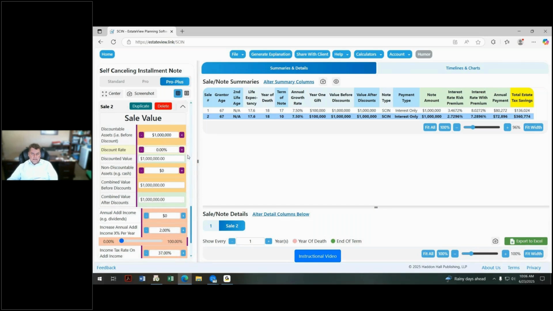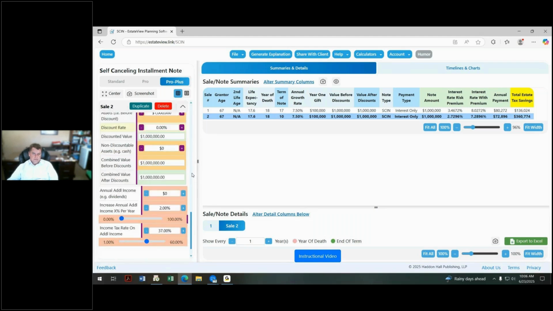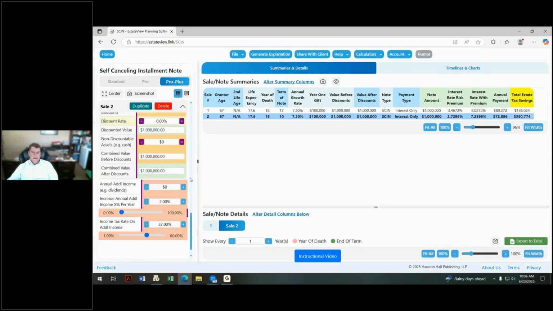So that would mean that instead of having a $1 million self-canceling installment note back to me, I'd only have a $700,000 self-canceling installment note. And obviously that would be more effective for transferring the wealth, but it doesn't go to the value of the SCIN other than determining the principal amount outstanding. It just goes to more of the leverage and the effect that it has for transferring wealth.